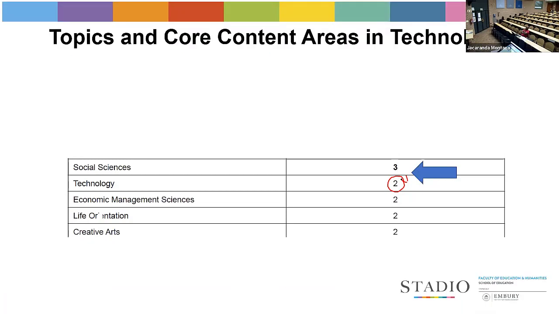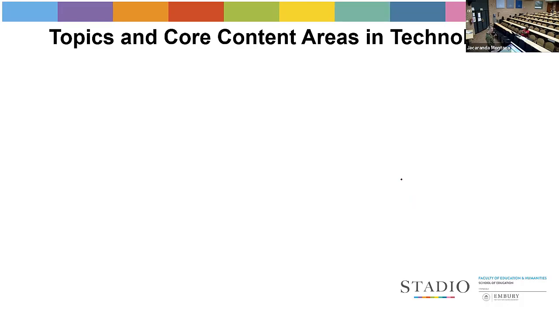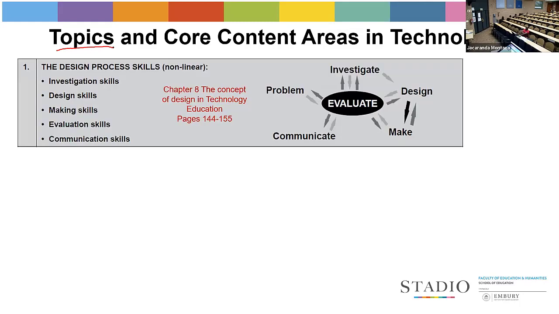Okay, so this is where I said, remember I said there's a lot of chapters that you have to study in your book for the first unit, but it links back to the topics and the core content areas in technology. So the topic areas for technology are as follows. The design process skills. This is the chapter that you have to look in your prescribed book.